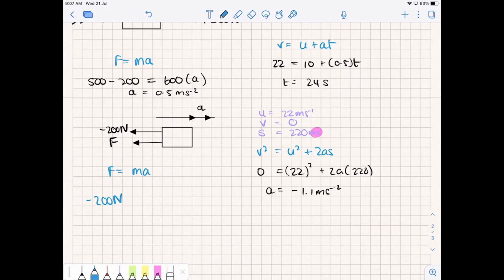If I chose my acceleration in the opposite direction, then the force would be positive. But because I've specified that positive is the direction that the car is traveling in, any forces that act in the opposite direction are negative. And so we will also have minus F, whatever F is going to be.